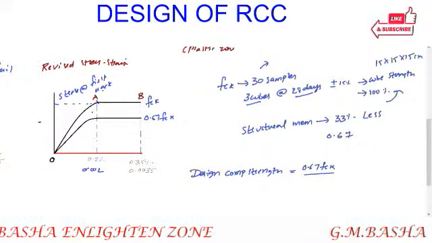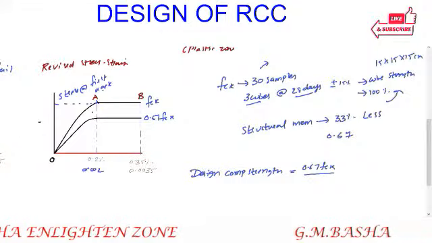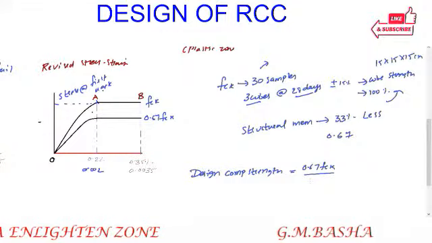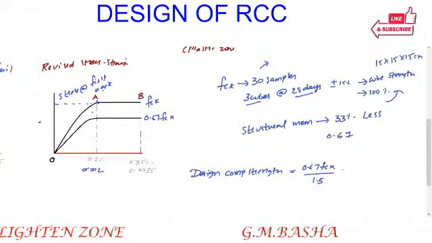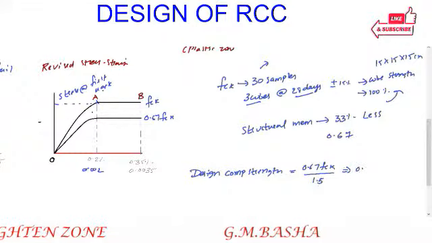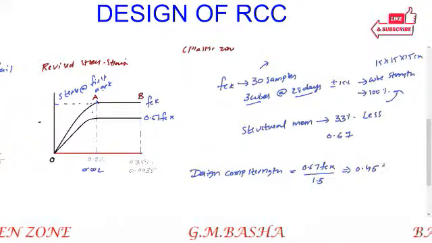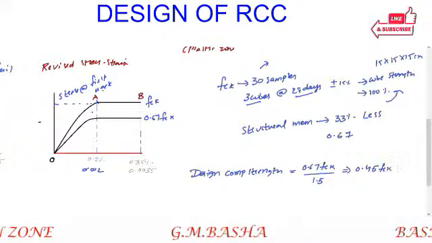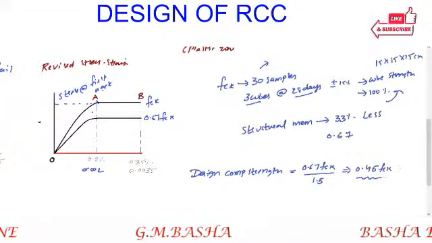What I told you in the last class, the partial safety factor for concrete in the limit state method, is equal to 1.5. If you simplify this, you will get 0.446. Approximately I am taking 0.45 FCK. Therefore the design strength of the concrete we consider here is 0.45 FCK.